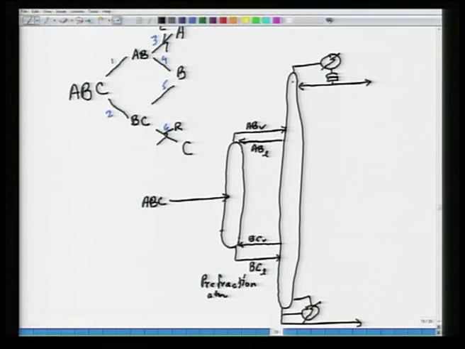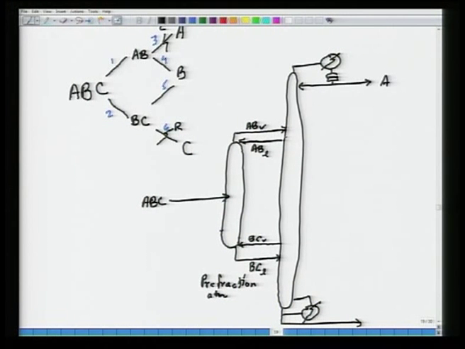Now, if I take this AB vapor stream that is coming up the top and I rectify it, as I go up the column, my composition will get richer and richer in A. So, I am taking out pure A up the top. If I start going down, here in this direction, because I am going down, my composition will get richer and richer in B. Similarly, if I go up in this direction, what I am getting out here is BC.